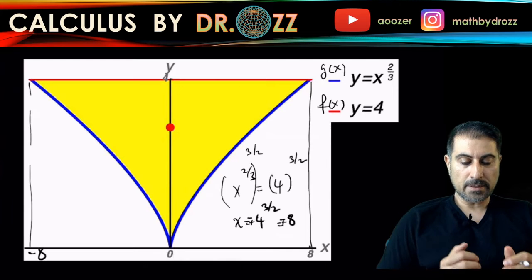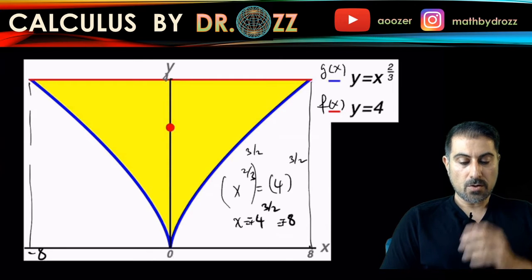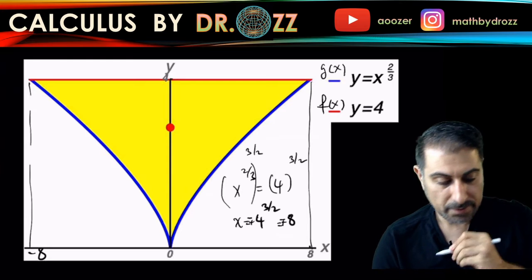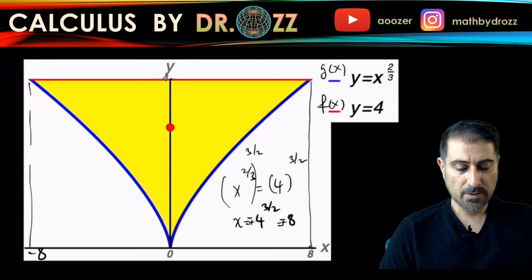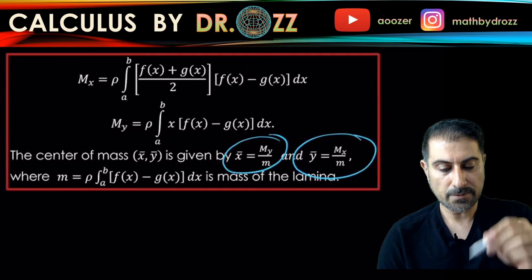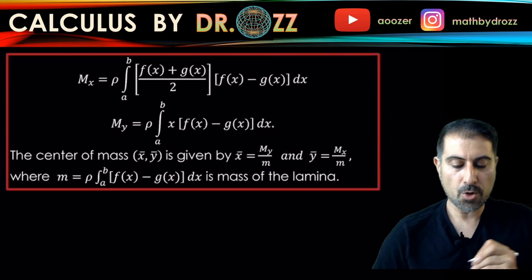You should have already done that, but please get the exact output that I got here. So why don't we go ahead and work through these integrals here. Let me work everything on this slide. Let's see if I have enough space here. So m sub x here is rho.